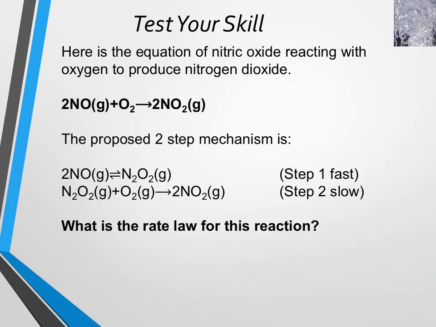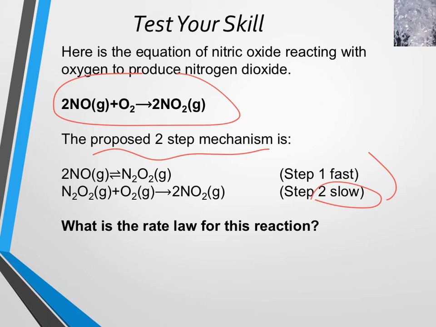Now it's your turn for sure. Here's an overall balanced reaction. Here's the proposed two-step mechanism. They tell you which one is the rate determining step. So write the rate law for this reaction.